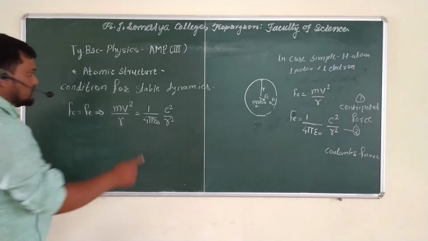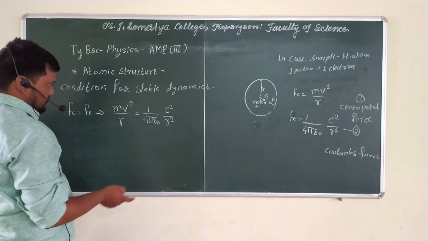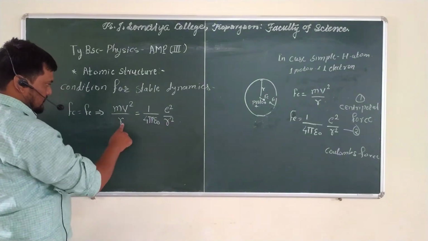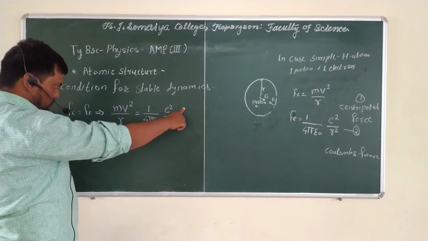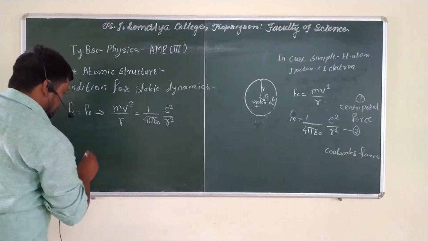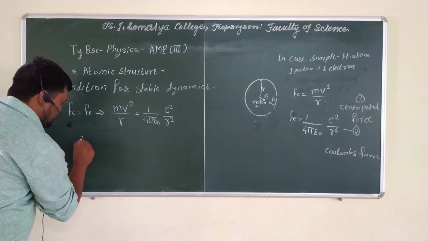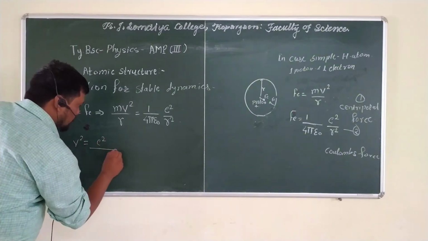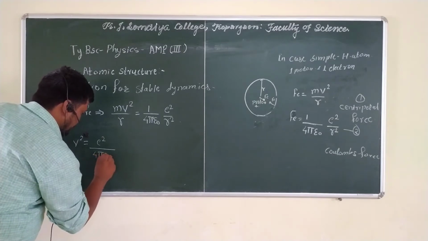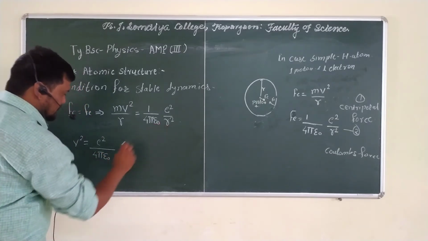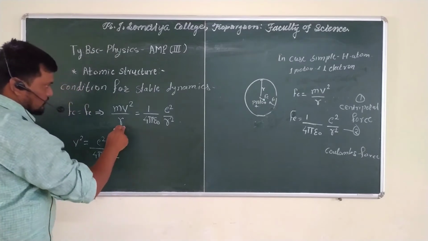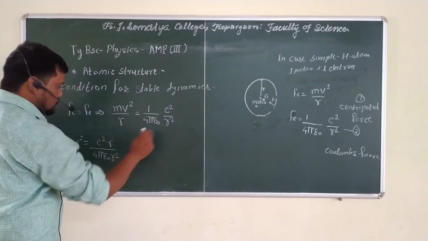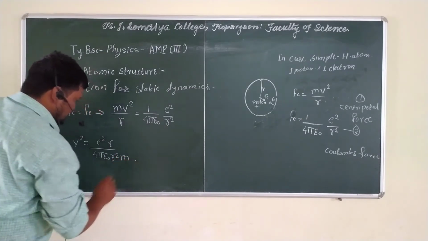Now we want to calculate this v square. The m goes to the denominator on the right-hand side, and the r goes to the numerator on the right-hand side. So v square is equal to e square upon 4 pi epsilon naught, with r square remaining, r going to the numerator and m to the denominator.